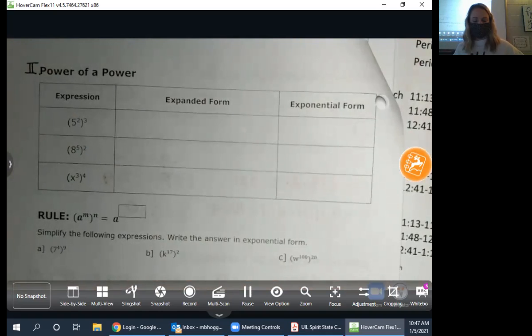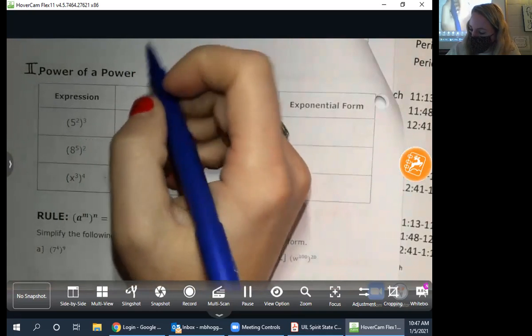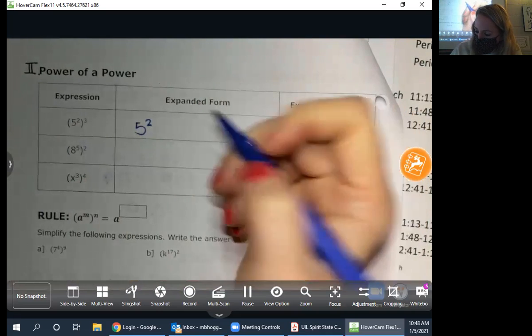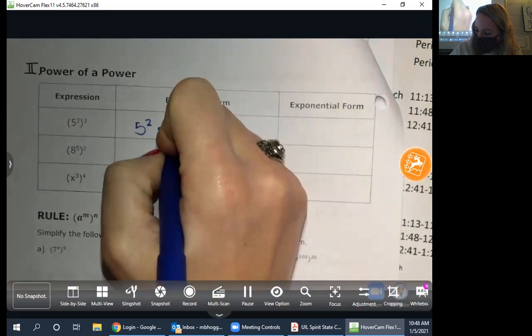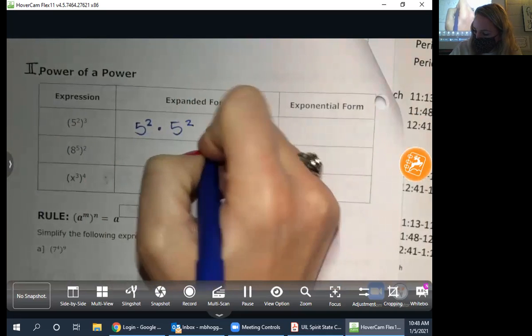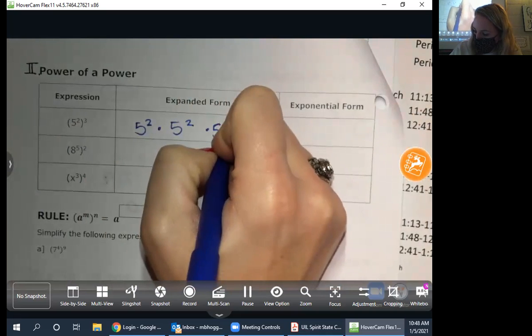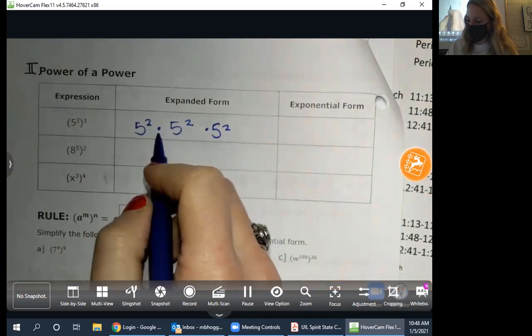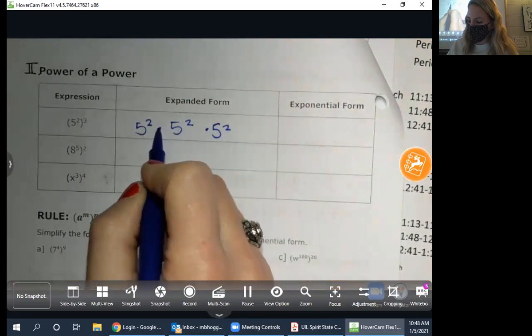Let's write it out. So really what you're doing here is you're saying 5 to the second times itself 3 times. Write that out. 5 to the second times 5 to the second times 5 to the second.